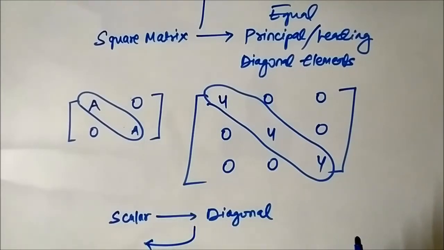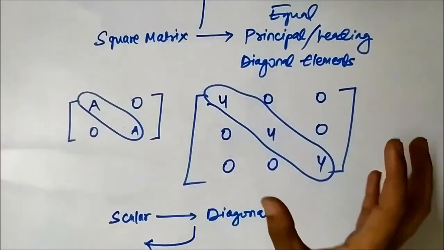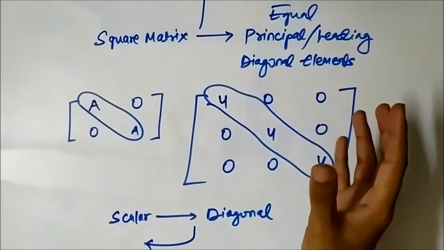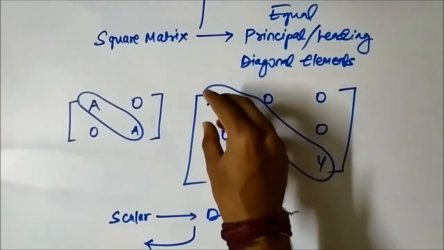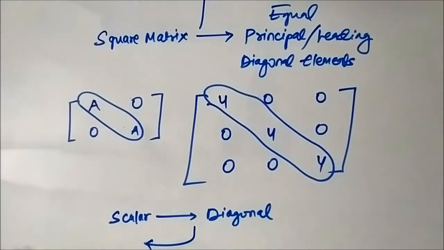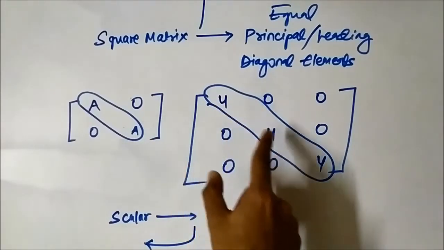Every diagonal matrix may or may not be a scalar matrix. Even though a matrix is diagonal, with only the principal diagonal elements non-zero and all the other elements 0, the principal diagonal elements may be unequal. Here in place of 4 4 4 we can write 1 2 and 3.